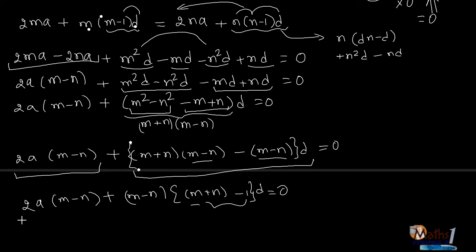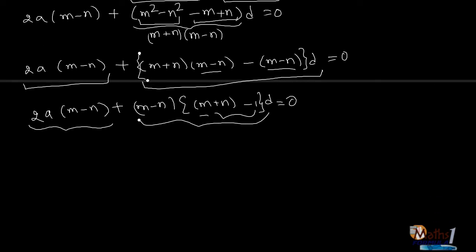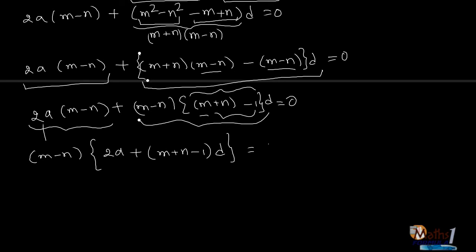So now how many terms are there? One term here, one term here. So again, in those two terms, as far as I can see, m − n is common. M − n common, what do I get? Inside, 2a is left, plus I'll be left with this, (m + n − 1)d, equals to 0.